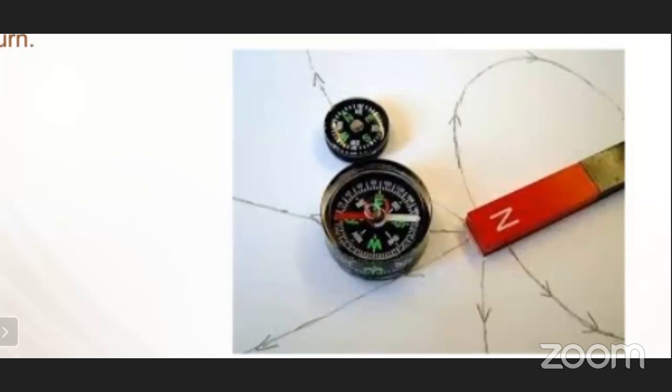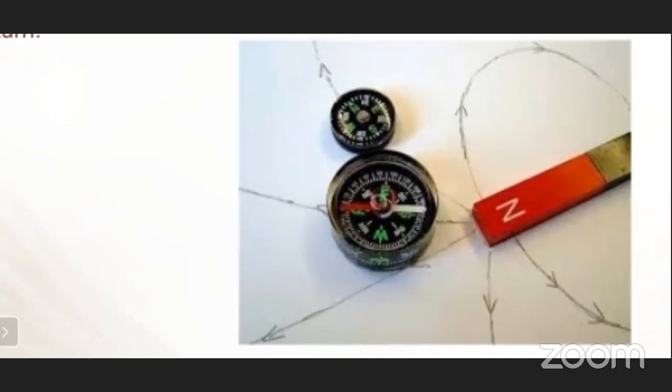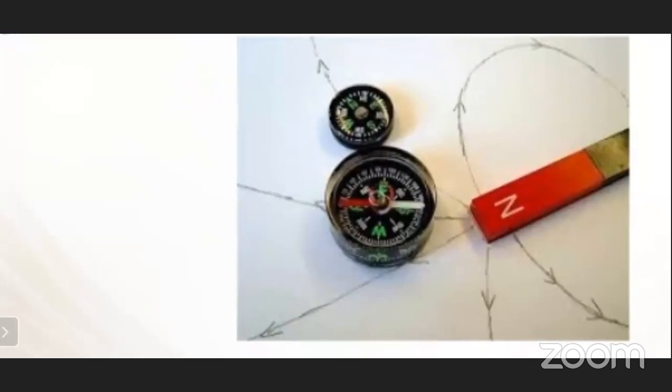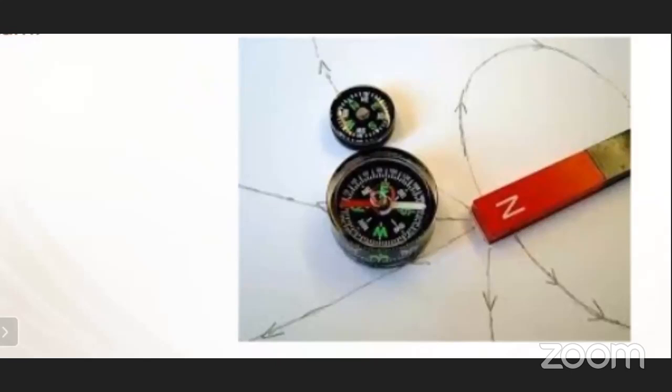So, a compass is usually a small box with a glass covering it, and a magnet is placed inside the box in such a way that it can rotate freely, children. The magnet is a small magnetized needle. Look and observe the needle. It has two colors, right?